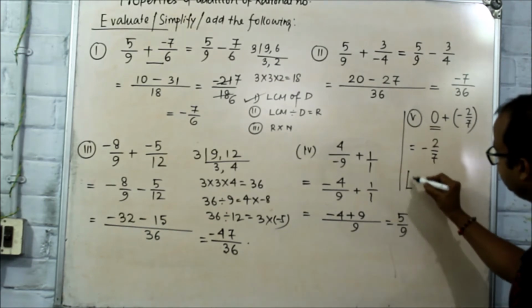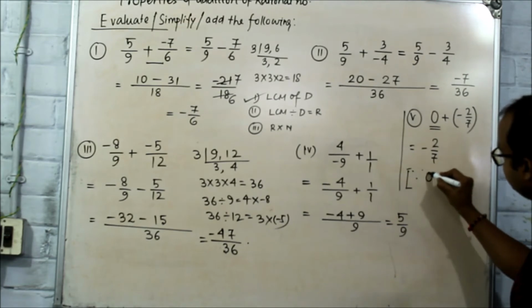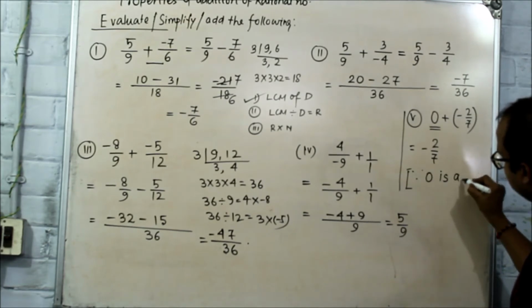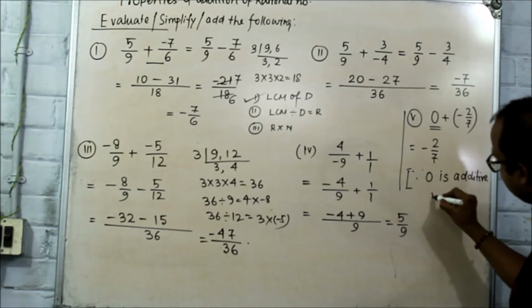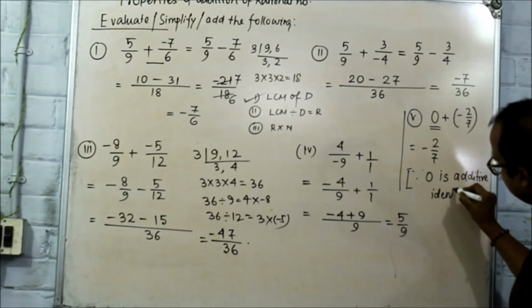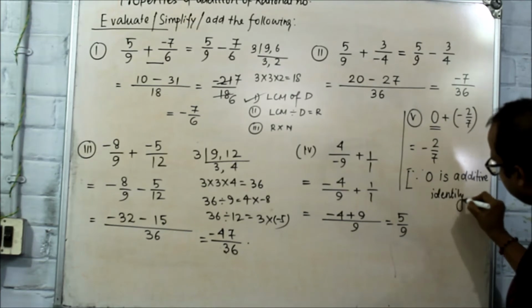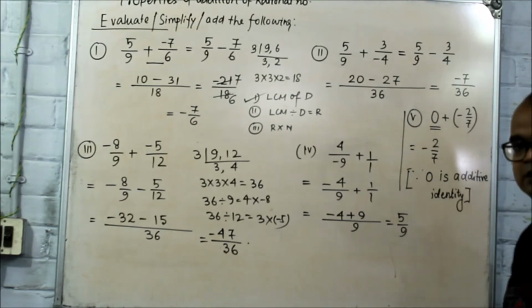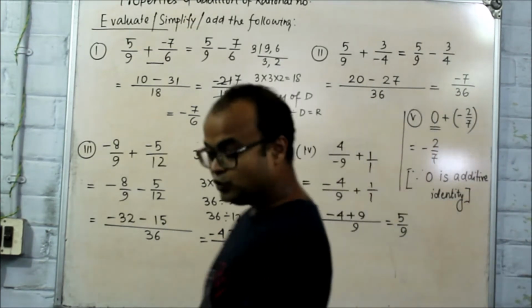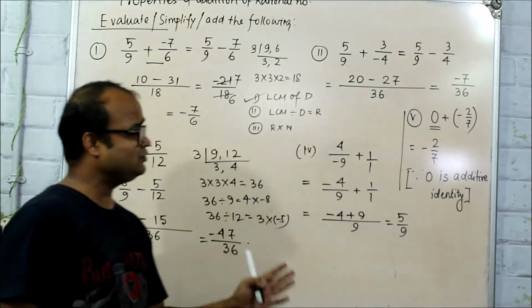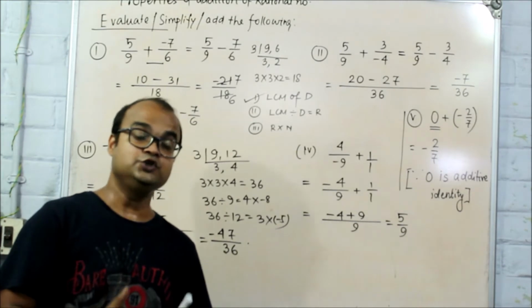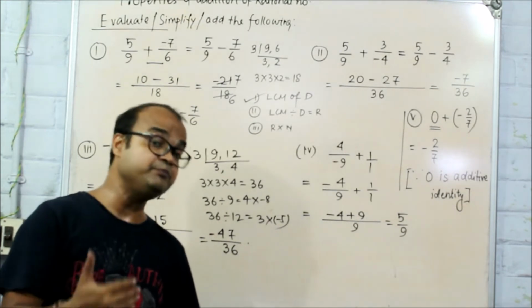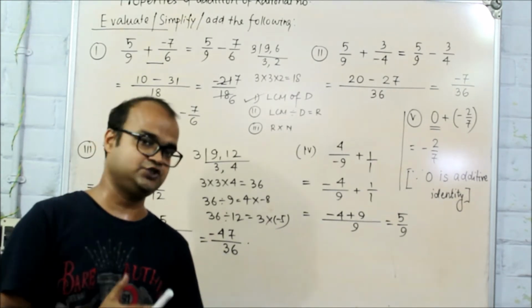So here we write, since 0 is additive identity. Clear? So no need to simplify, just use the property. More and more you use the property, it will be better for your knowledge.